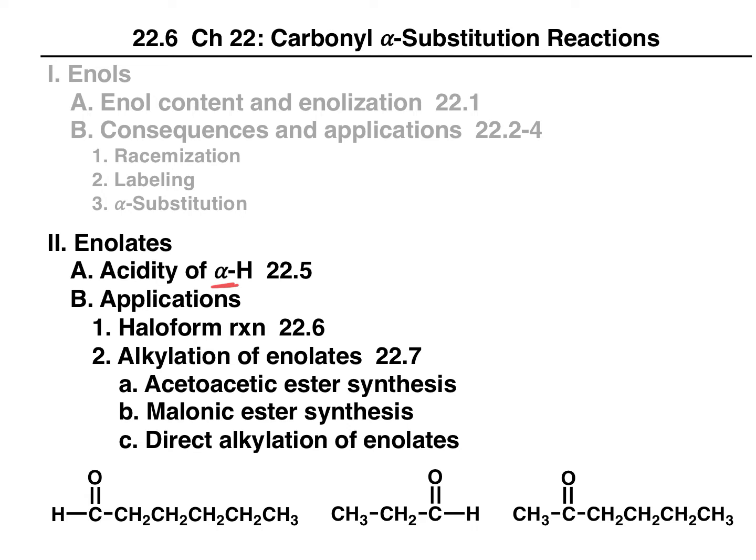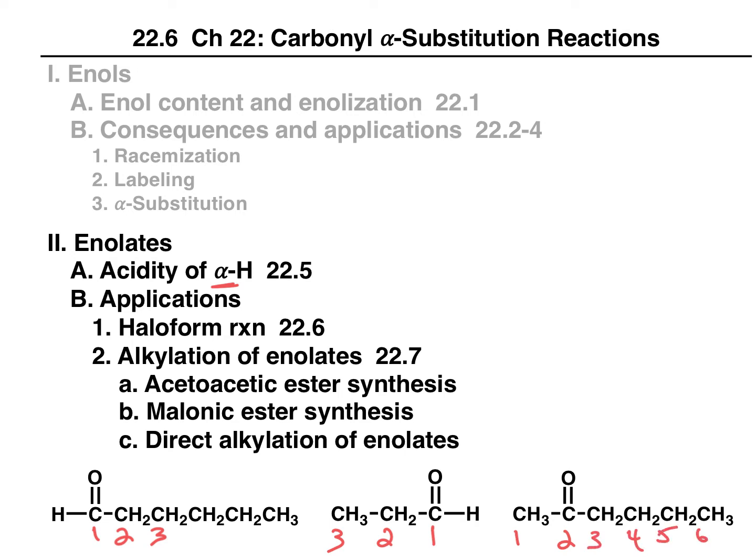And so for this compound, this is carbon 1, 2, 3. For the next compound, we have 1, 2, 3, and then the last compound, this would be carbon 1, 2, 3, 4, 5, 6.